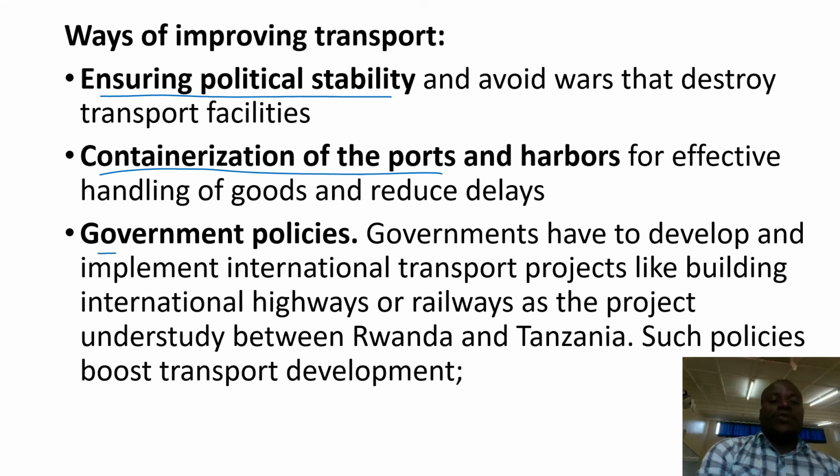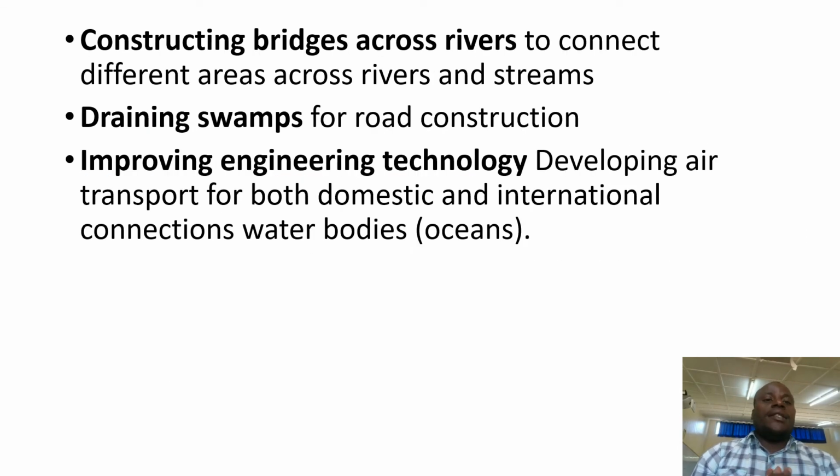Government policies should be positive towards construction of better infrastructures. They allocate a big budget to construction of roads, airports, etc. And there should be construction of bridges across rivers to connect different areas, draining swamps for road construction.